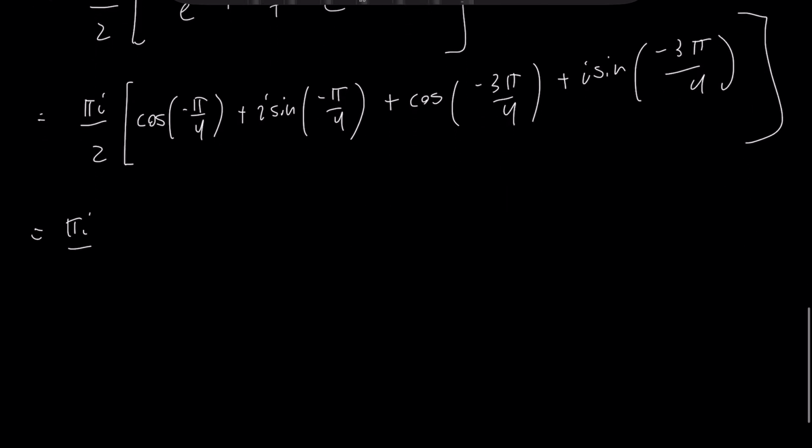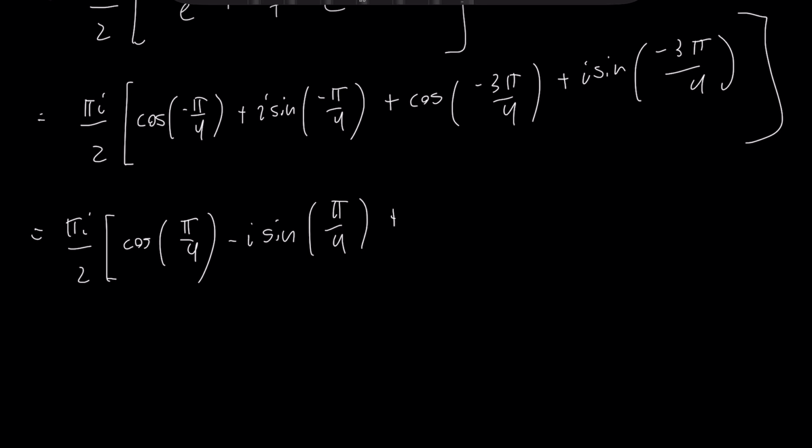Cosine is an even function, so this will end up being the cosine of pi over 4. And we also know that the sine is an odd function, so we could put the negative towards the front. So minus i sine pi over 4 plus the cosine of 3 pi over 4, and then minus i sine 3 pi over 4.